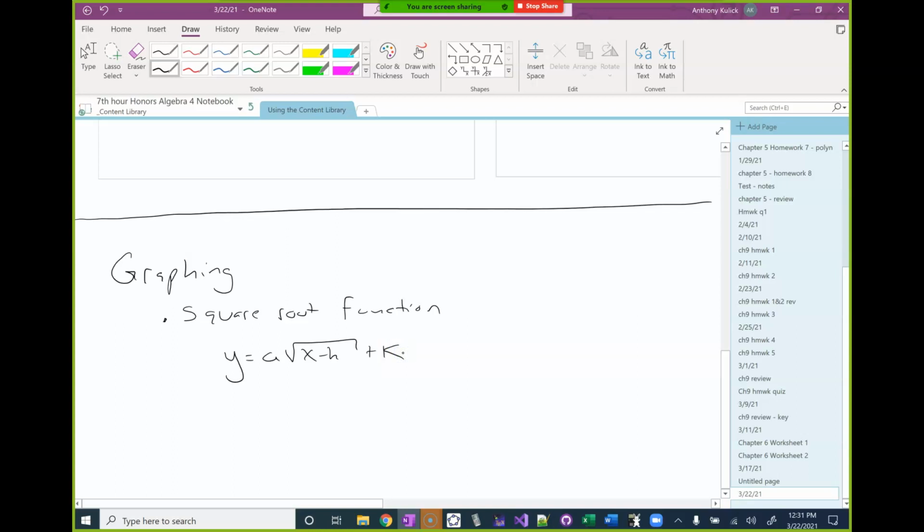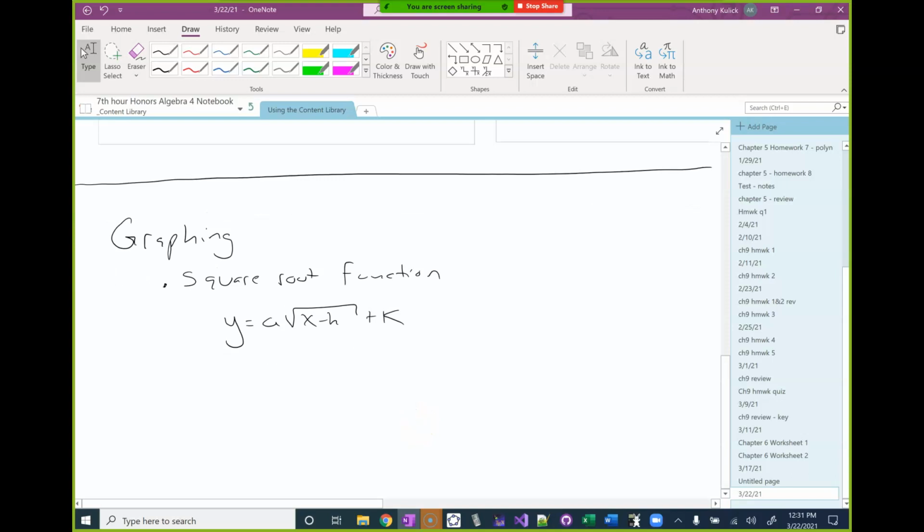And our goal here, when we're graphing this, is going to be to select our x's so that y is a rational number.